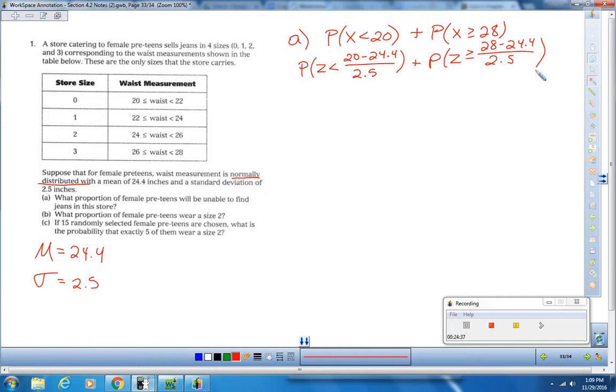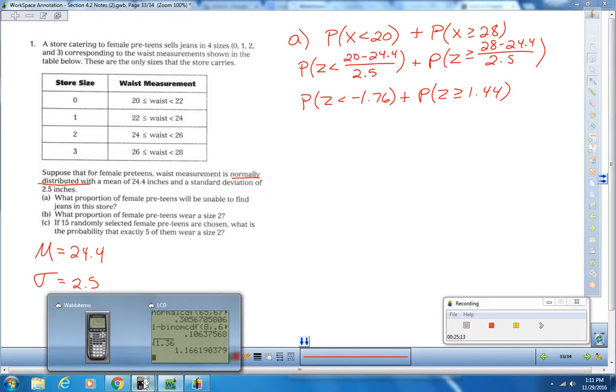So it's negative 4.4 over 2.5. So this is the probability that z is less than negative 1.76, or the probability that z is bigger than, what's that, 3.6 divided by 2.5, 1.44. Okay? And those I'm going to do in my calculator.